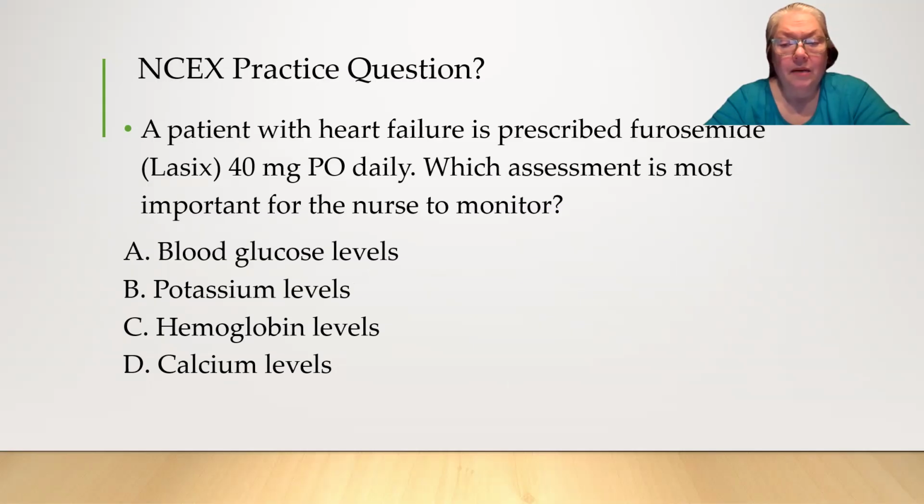We got to monitor the potassium levels and also teach patients about potassium-rich foods or supplements unless they're on spironolactone as well. If they're on that, then we just need to make certain that they're getting their BMP, or a basic metabolic panel, occasionally checked that will tell us what their potassium level is.